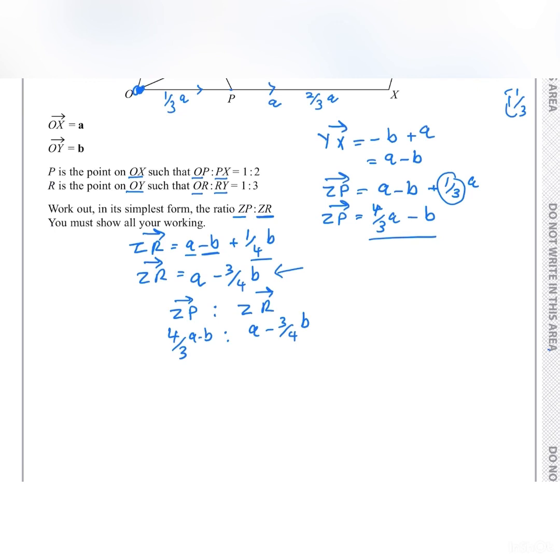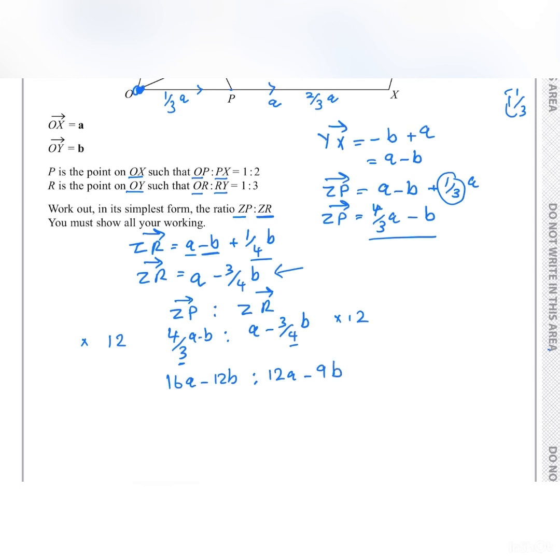I'm just going to multiply both sides by 12 because 12 is the common denominator for 3 and 4. So 12 times 4 is 48, and 48 divided by 3 is 16. So this is 16A minus 12B, and then 12A, and then 12 times 3 is 36, 36 divided by 4 is minus 9B.